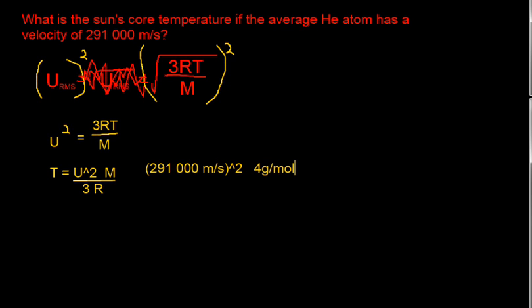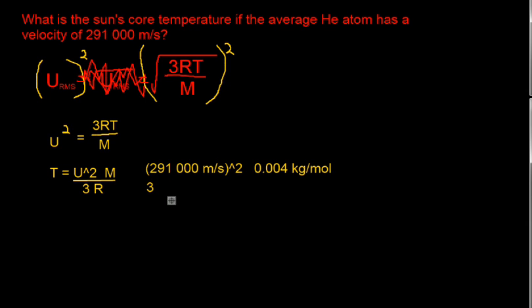It's helium, but wait, we don't want grams per mole, we want kilograms per mole. And we know if there's 4 grams per mole, there's not going to be as many kilograms. So we'll divide it by 1,000. We get 0.004 kilograms per mole. And we put all of this over top of 3R.